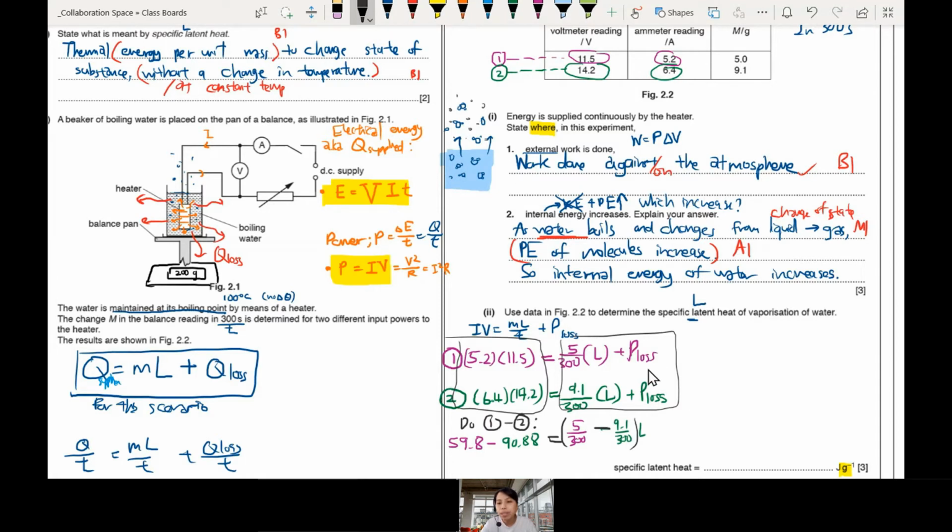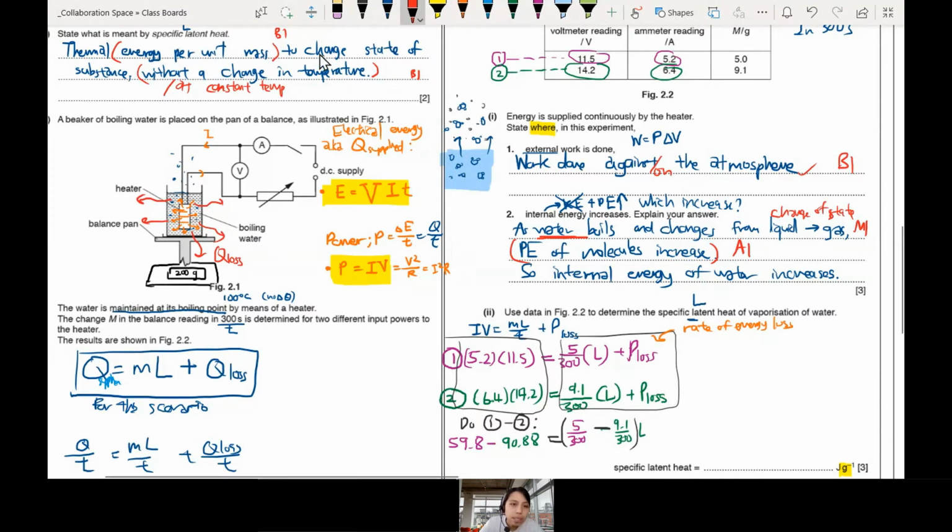Okay, last one. P loss minus P loss. So here we have to assume that in each setting, the rate of energy loss is the same. Because remember, P loss power is rate of energy loss. Why same?